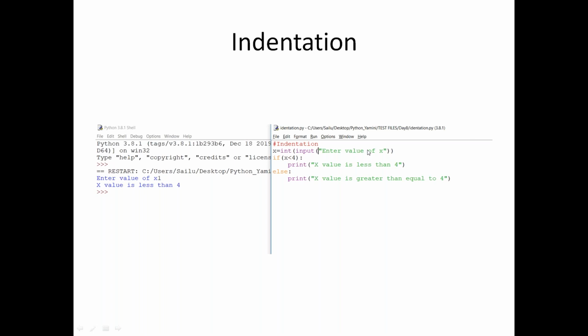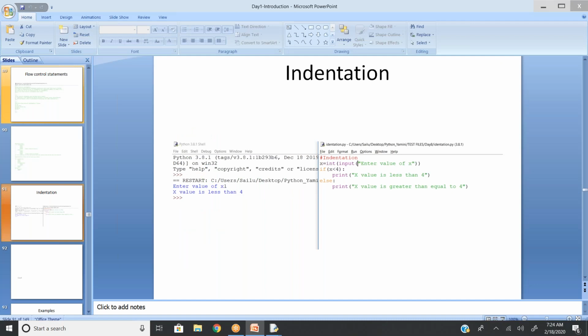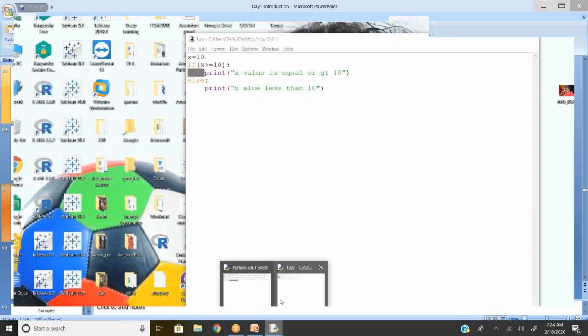Whenever the user enters any number, the system accepts it using the input function, converts it to an integer and stores it in a variable called x. When I use the if condition, x is less than 4, then print x value is less than 4, else print x value is greater than 4. Clear? Let me show you that one also.